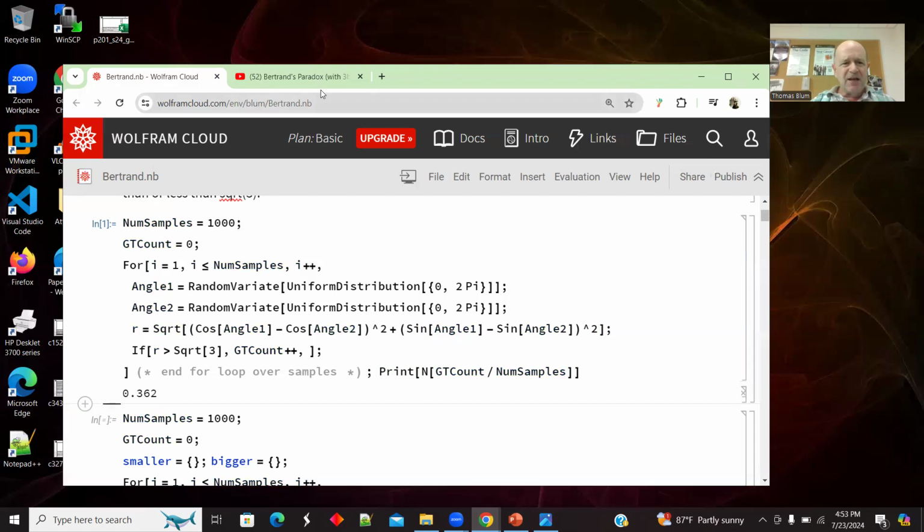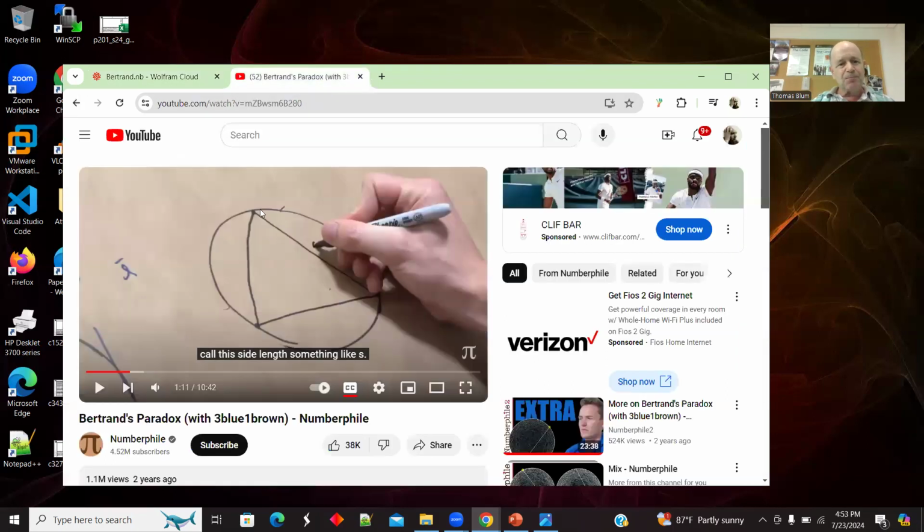The idea in this version is you pick 2 points. Without loss of generality, you can imagine that your first point was one of the vertices of the equilateral triangle, and then the other point is somewhere on the circle.